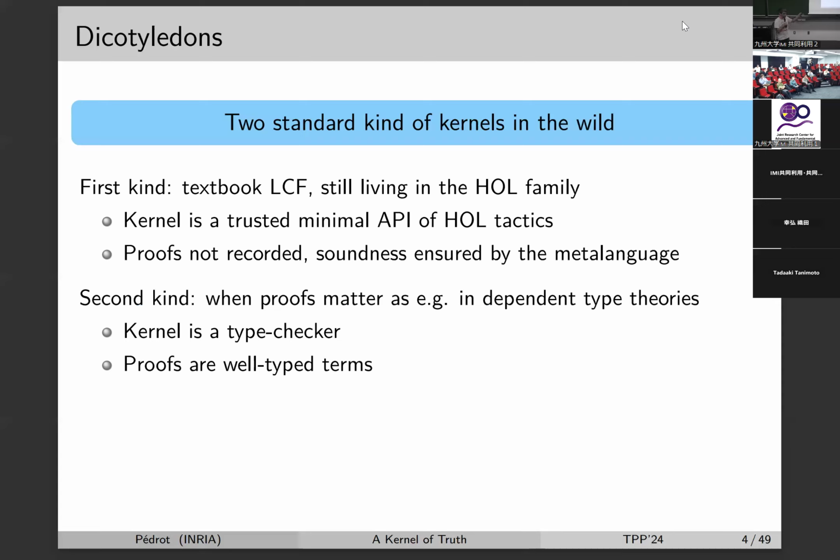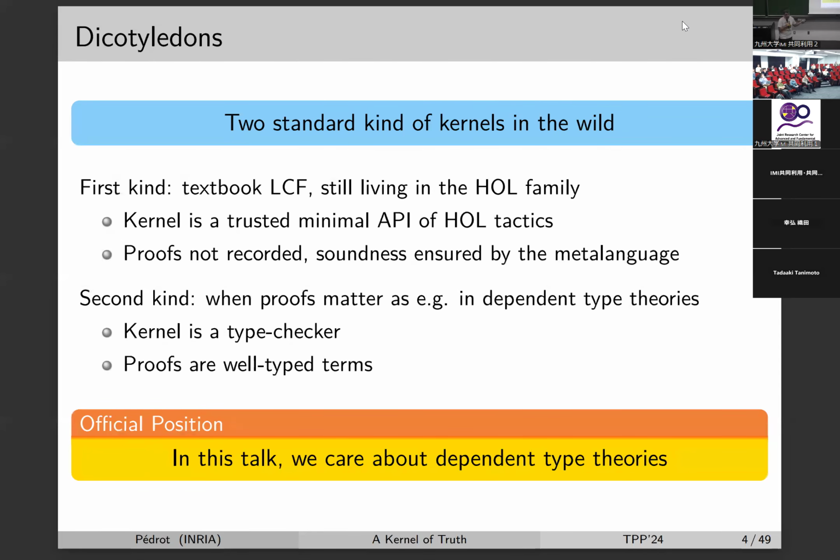So the kernel is, in that case, rather than just some kind of API, a type checker for your language. And the proofs are literally well-typed terms. So you send a term to the kernel, it type checks and says yes or no, and that's how it works. In this talk, I'm only concerned about dependent type theory, so you can forget about the first case. We'll always be in the second case.